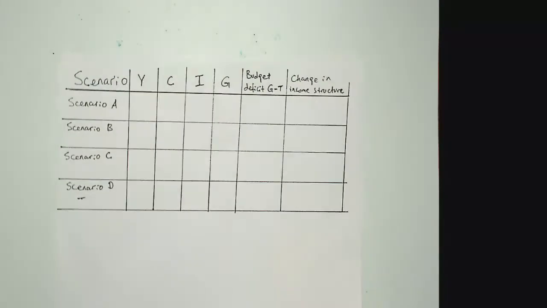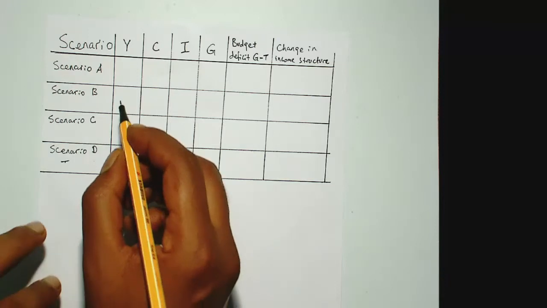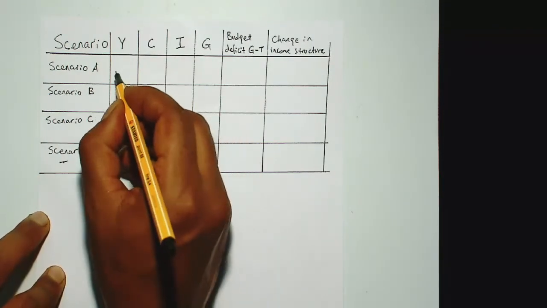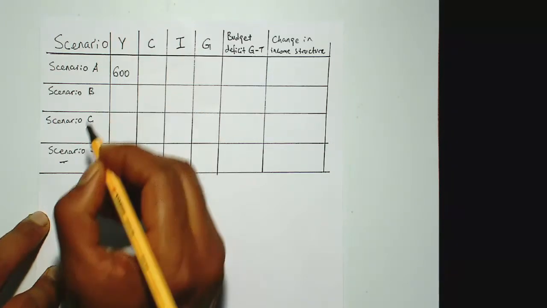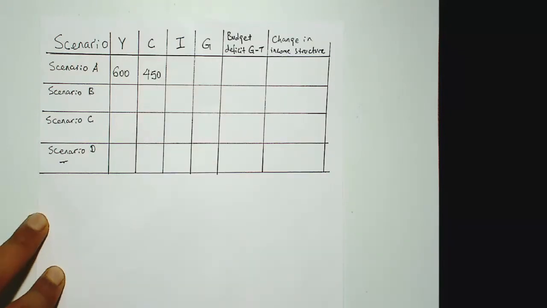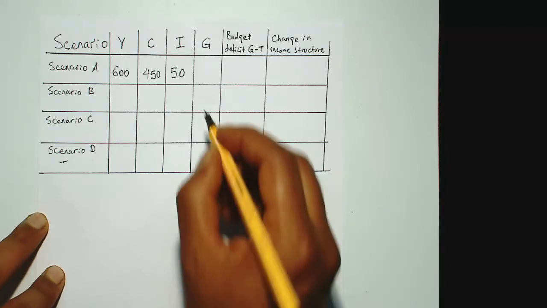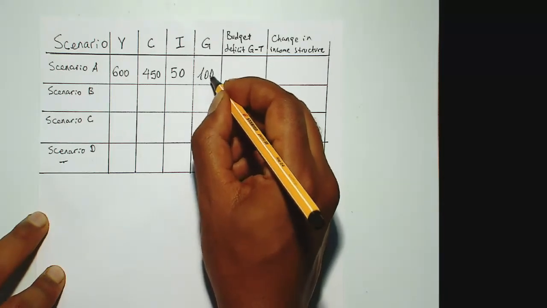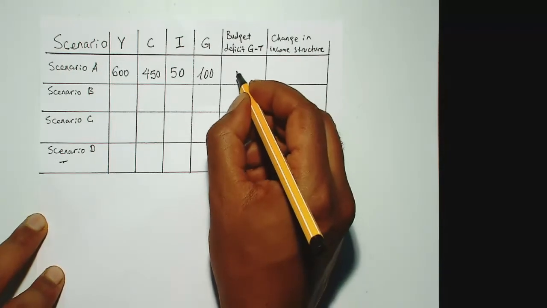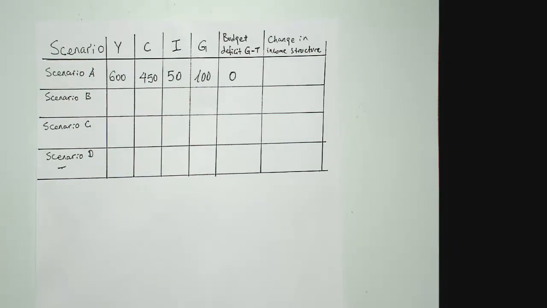So I would shift our view to the initial table that I have constructed, and I would fill out the values that we just secured. Our income would be 600 monetary units, consumption would be 450 monetary units, investment is initially given as 50, government expenditure is 100, and our government budget deficit, we have seen, would be 0.